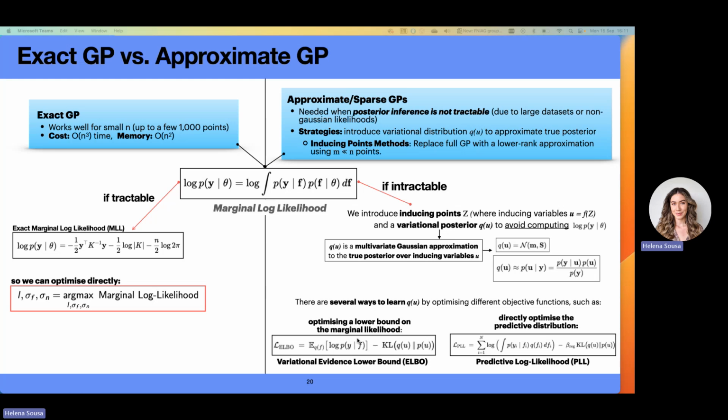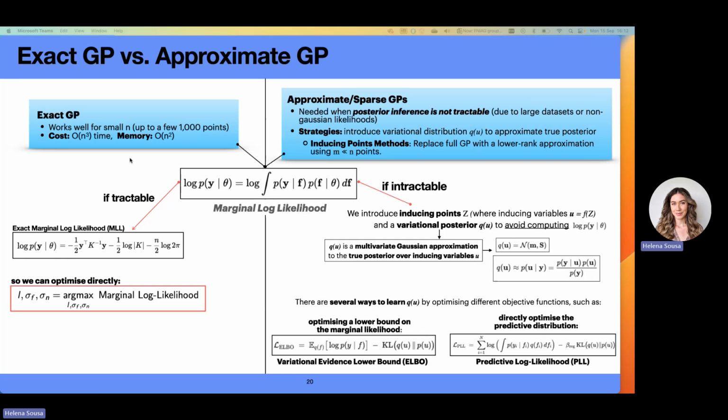So in practical terms, however, it can be quite challenging to train exact GPs because of computational costs. Usually an exact GP works quite well if we have a small number of data points.